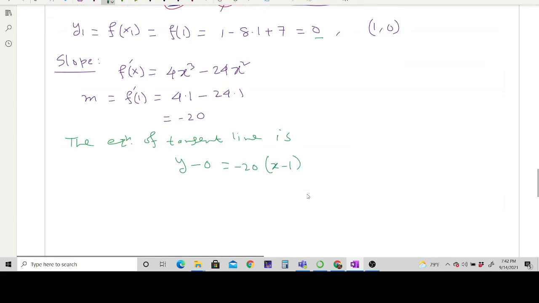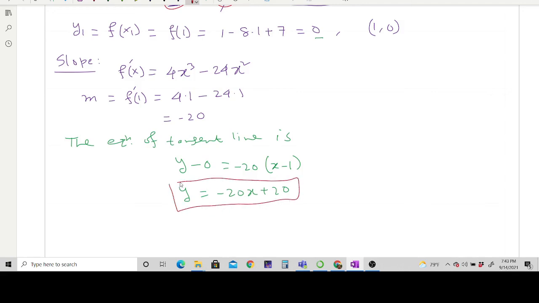Now we simplify this, so y equals negative 20x plus 20. So this is the equation of the tangent line.